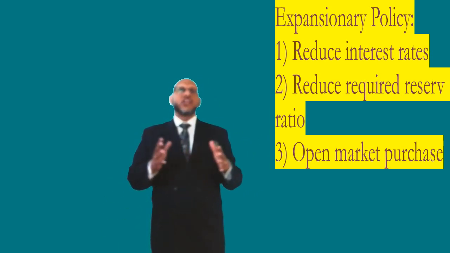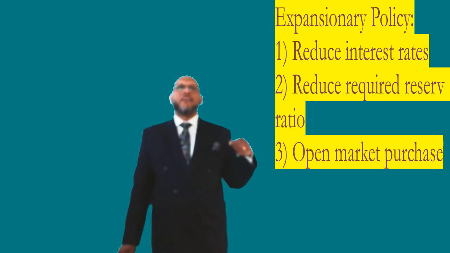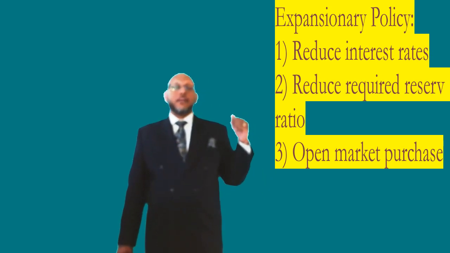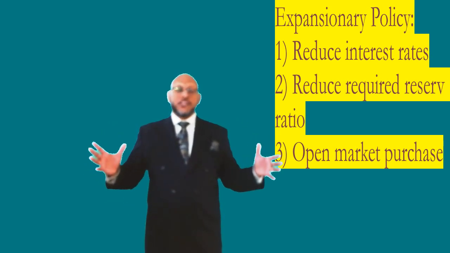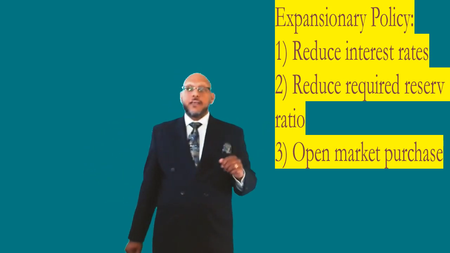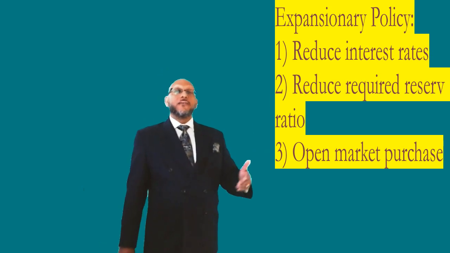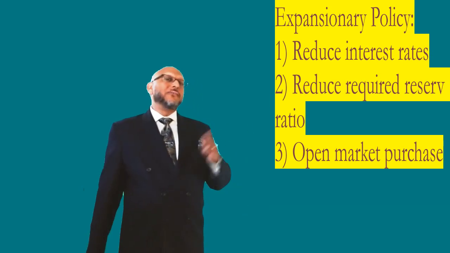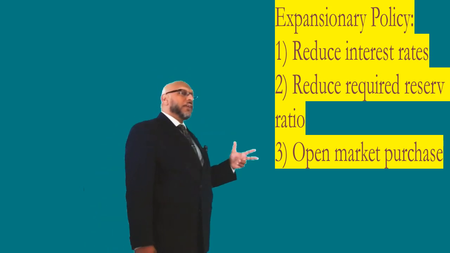Reducing that percentage increases the amount of money that banks have available to lend. So they lend more, interest rates go down. That's another increase. Interest rates going down, more money available, we borrow more money. We save less.